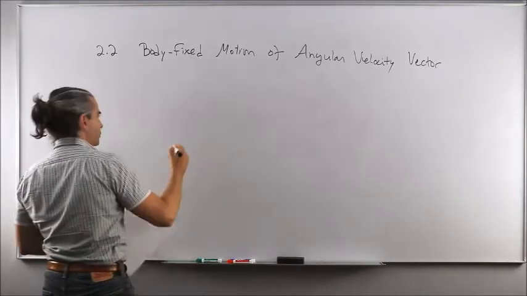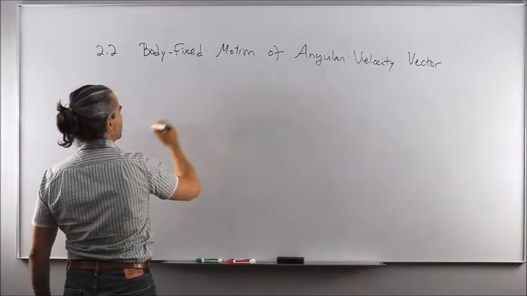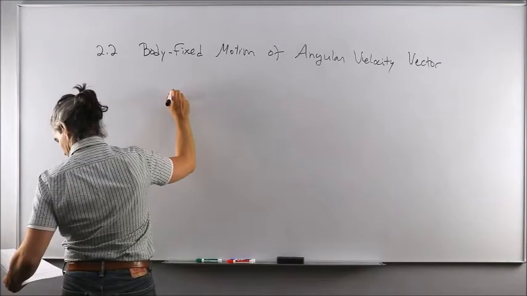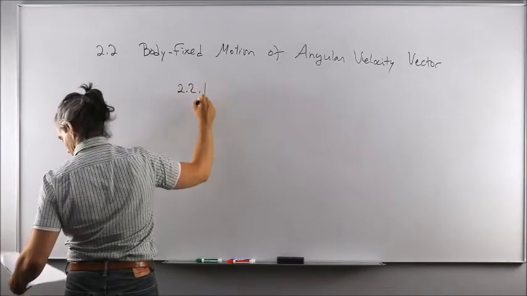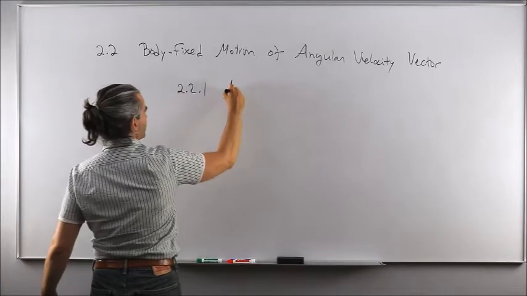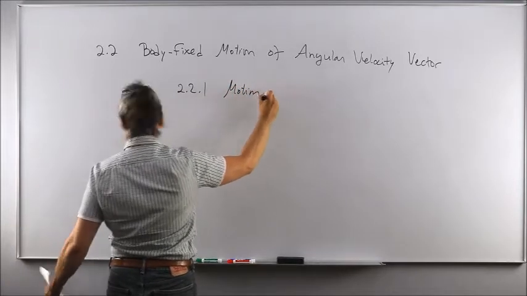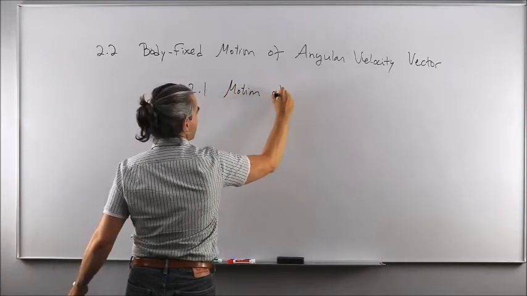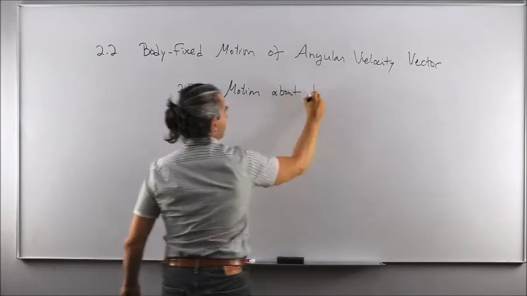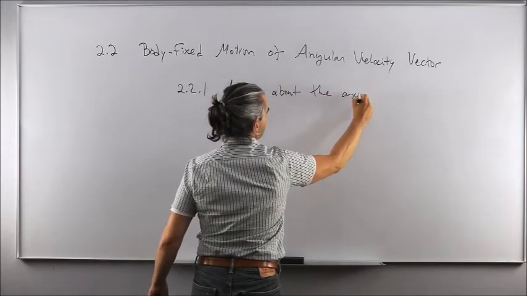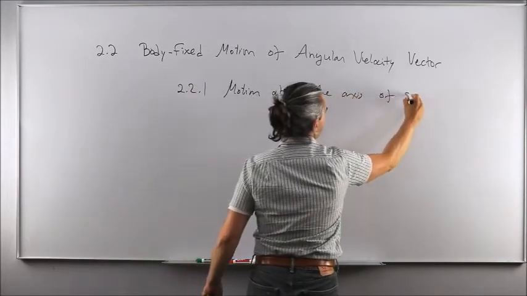So if you go back to what we had for the z-axis, 2.2.1, we're going to first obtain the motion about the axis of symmetry.